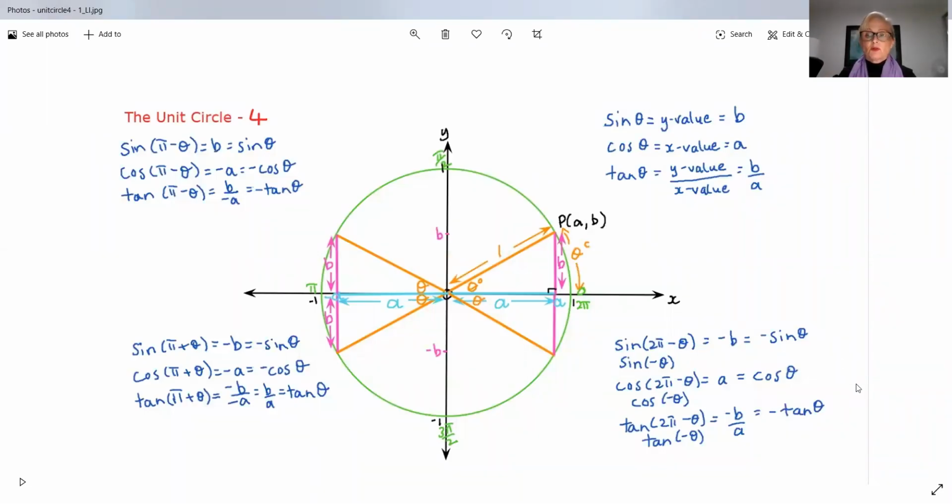We've been talking about the unit circle, and we've got used to, or hopefully are getting used to, the fact that we now think about sine of theta as the y value, cos of theta as the x value, and tan of theta as the y over the x.